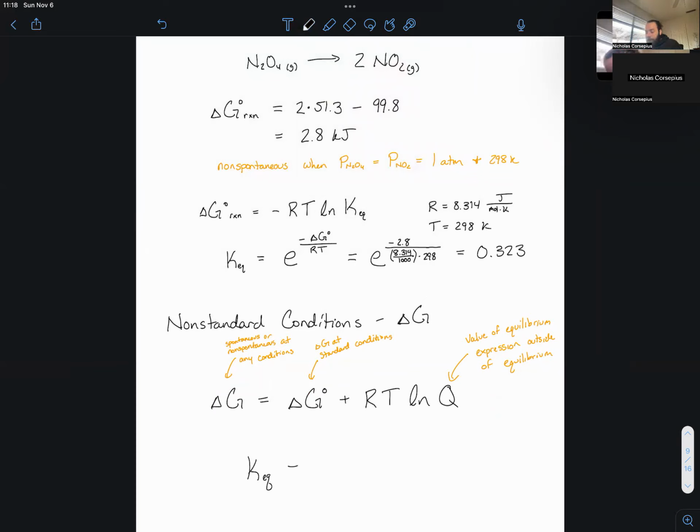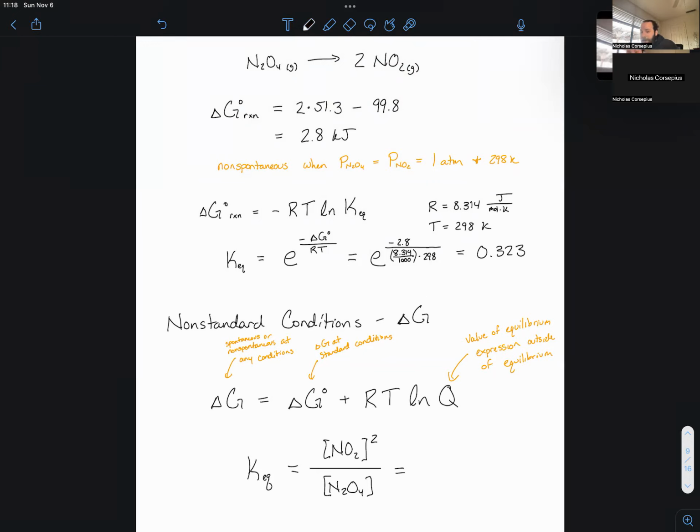Remember, we're going to do products over reactants. So I'm going to take the concentration of that nitrogen dioxide. I'm going to square it because there's this 2 in my balanced chemical equation, divided by the concentration of reactant. Okay. And one of the things that I hope you would have learned in your discussion of equilibrium constants is this idea that we could absolutely define our equilibrium constant for this reaction in this way.